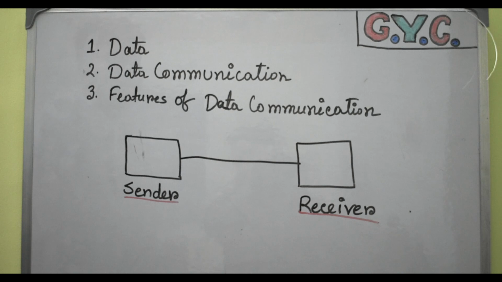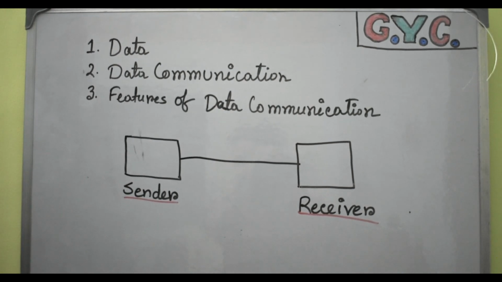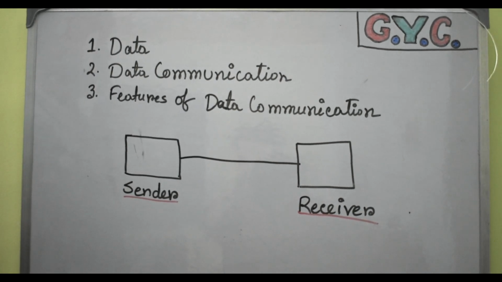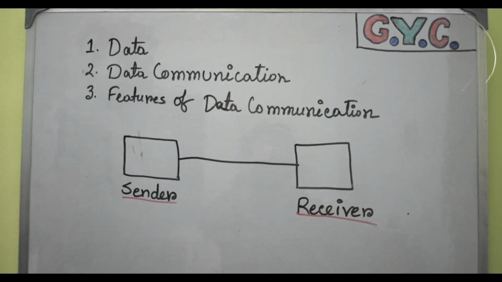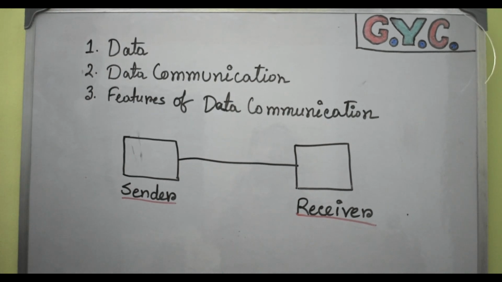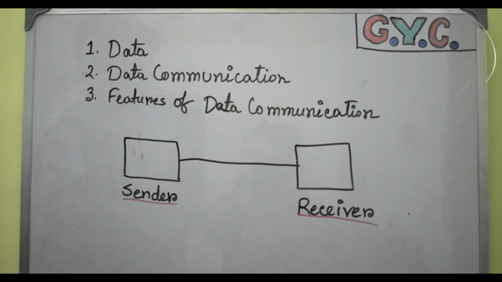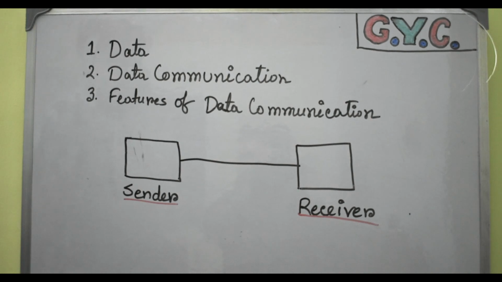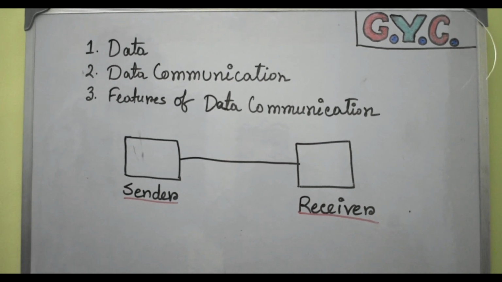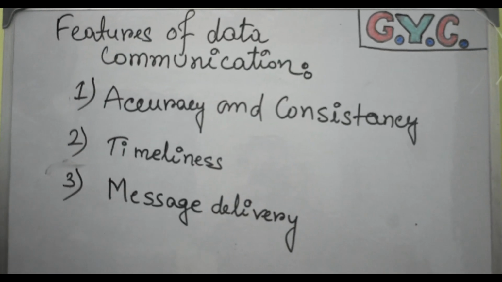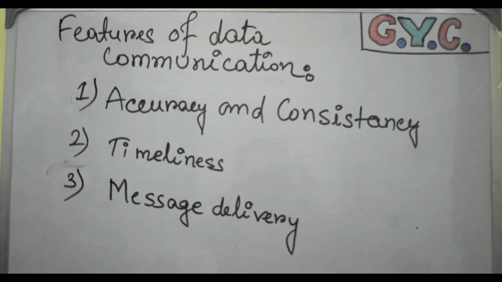These are called the features of data communication. They basically help us to determine if a message communication between the sender and the receiver is successful or not.